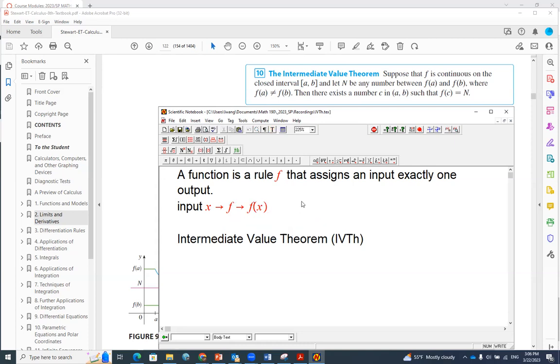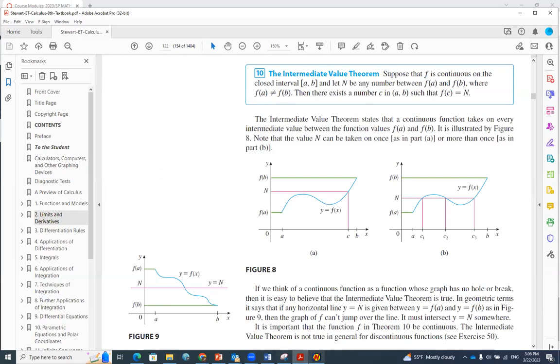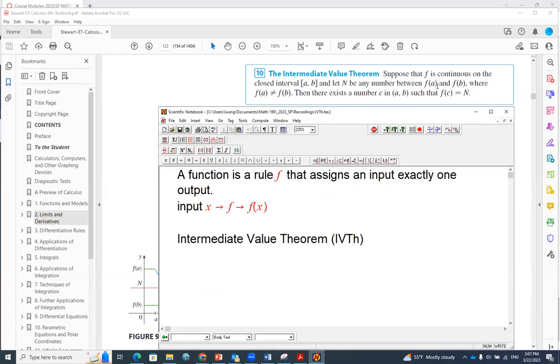When you look at the theorem, f is a continuous function on a closed interval, but first we have to put the numbers in their proper category. For example, what is f of a? What is f of b? F of a is what you get when the input a has the function f applied to it.